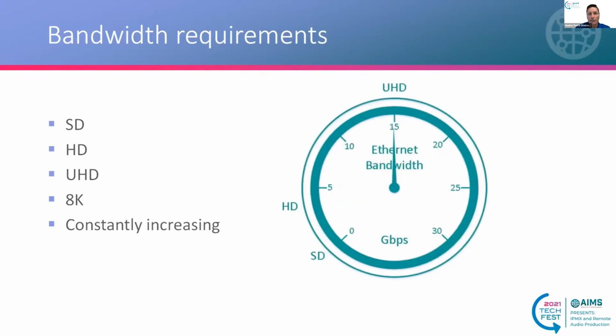UHD, 15 gigabits per second. 8K, almost 60 gigabits per second. It keeps increasing at a phenomenal rate. And now keep in mind, all these numbers are based on a 60 Hz refresh rate. So now if you want to support HFR, for example, high frame rate, those numbers are just going higher. The word exploding comes to mind.